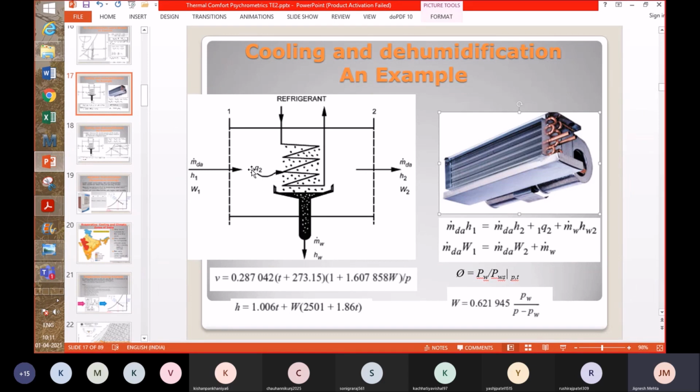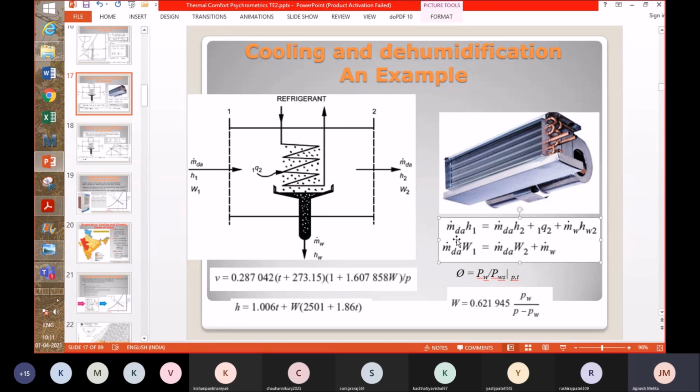So even that is going out of the system. So for this system or control volume, you can write the energy balance and the mass balance, or moisture balance, equation. The second one is the moisture balance equation here: m dot dA W1 is equal to m dot dA W2 plus m dot W, right?